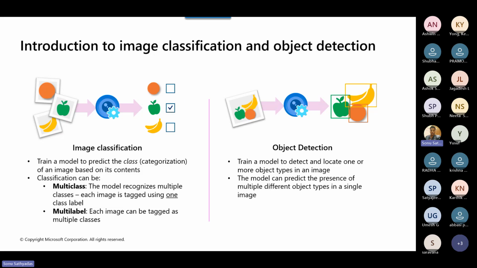Suppose if I have to build a similar application where I have 20 categories of dogs, we have to create 20 classes or 20 categories. And in each category, we have to upload different pictures of that dog.